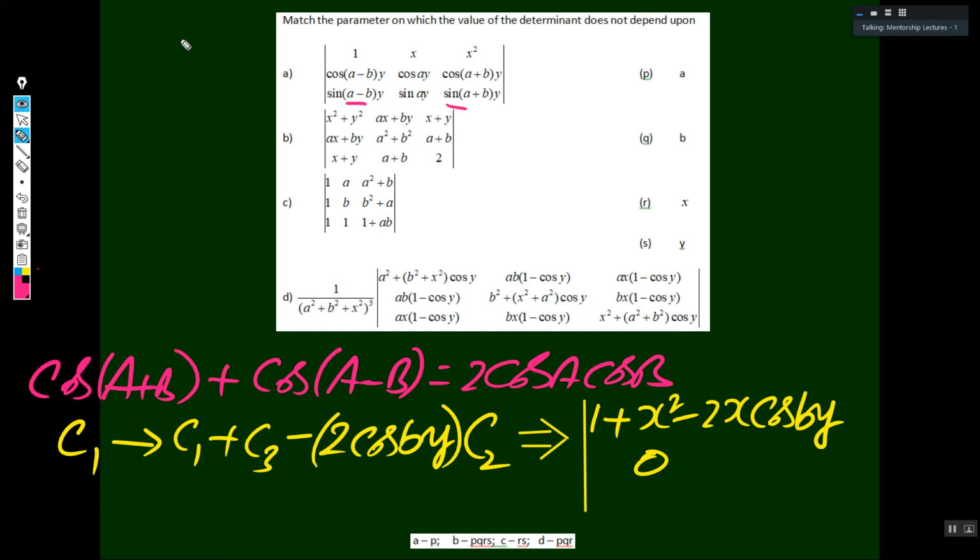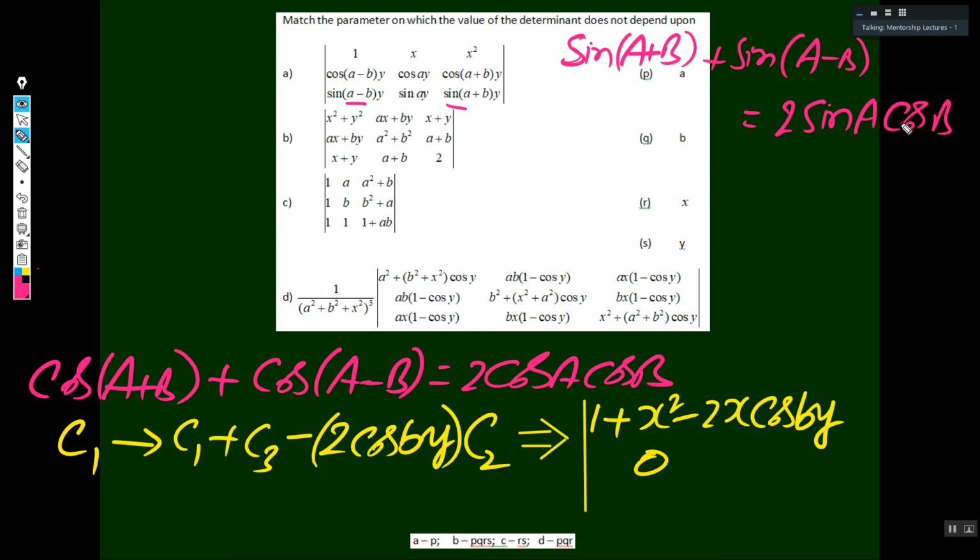Factorization formulae. 2 sin A cos B. For your reference, I am writing the formula. 2 sin A cos B. अरे उसके बारे में ज्यादा सोचने की जरूरत नहीं. sin A प्लस भी पता है, sin A माइनस भी पता है, दोनों को ऐड किया तो 2 sin A cos B बचेगा.